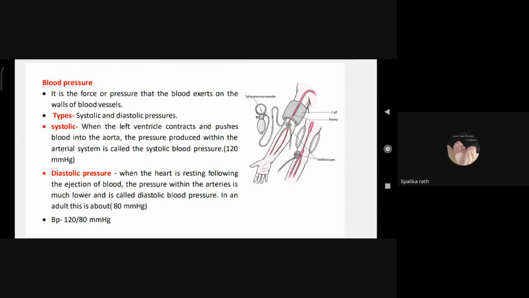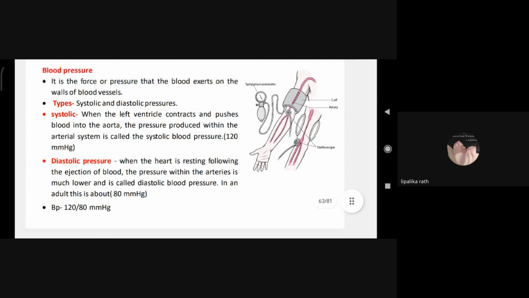When the blood is more, the pressure is greater. So when ventricular contraction is happening, blood from the ventricles comes into the artery and the pressure increases. That is systolic pressure.